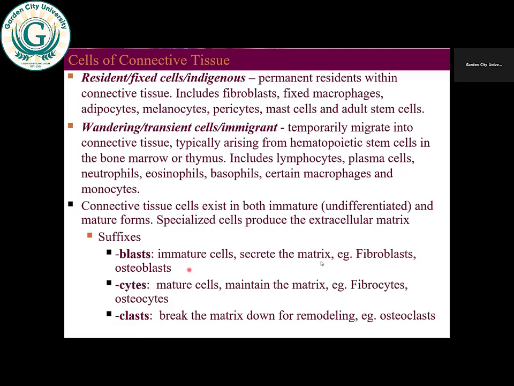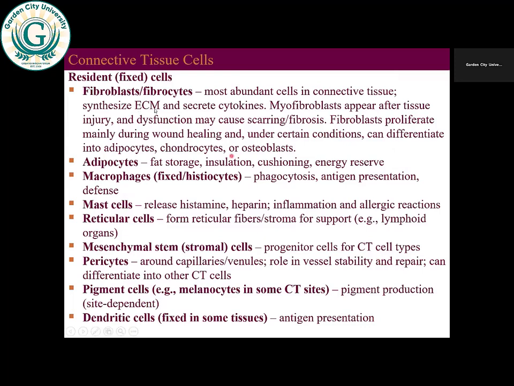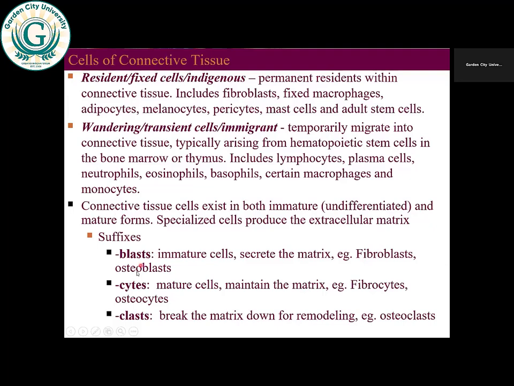They secrete the extracellular matrix. I told you that fibroblasts are the most abundant connective tissue cells, and that they secrete the ground substance and the fibers. In bones, they are produced by the osteoblasts, not fibroblasts. In cartilages, they are produced by the chondroblasts.